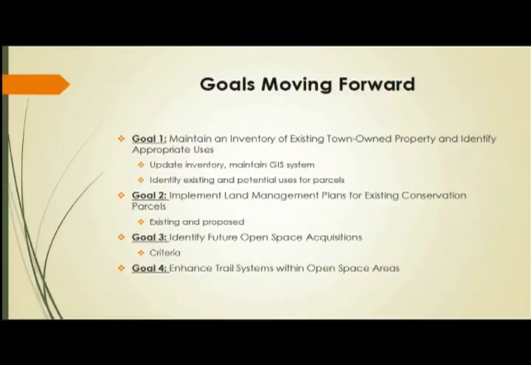Now that we're acquiring these extra properties, such as Viroki and the Bell's Neck, we are pursuing how to expand our trail systems to encompass those areas so people can go out and appreciate the land that they helped purchase.